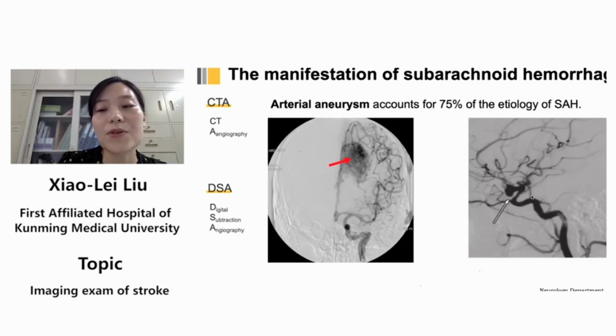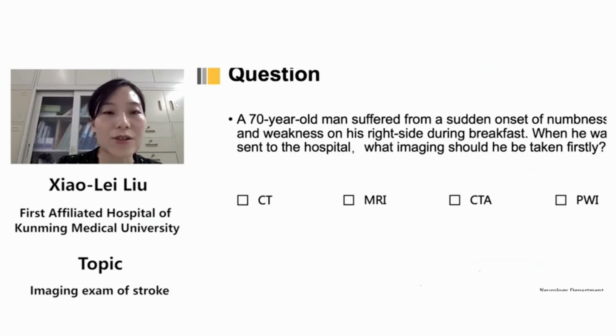And through the DSA, we can see the aneurysm here. If the SAH is due to an arterial aneurysm, suitable surgical therapy should be done to remove it. So the CTA and DSA are very important in these patients.